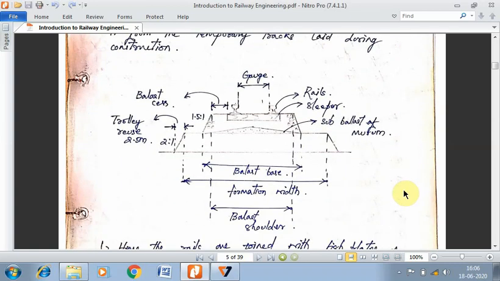Now there's a typical cross section that you need to know, showing how the permanent way would look.